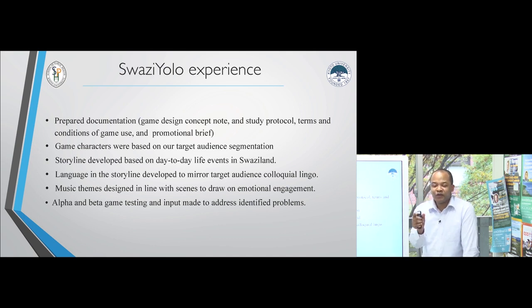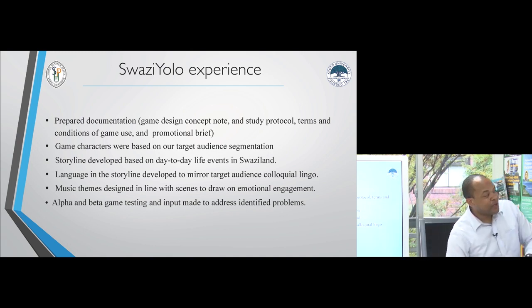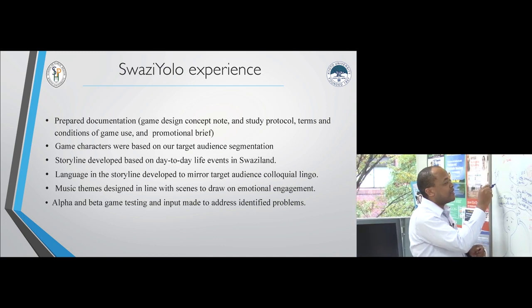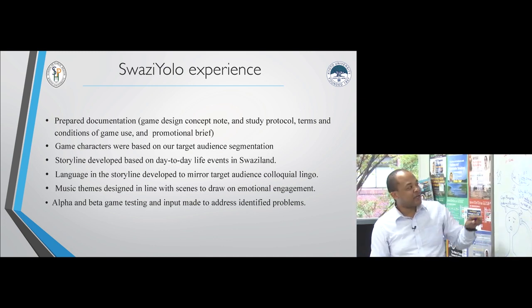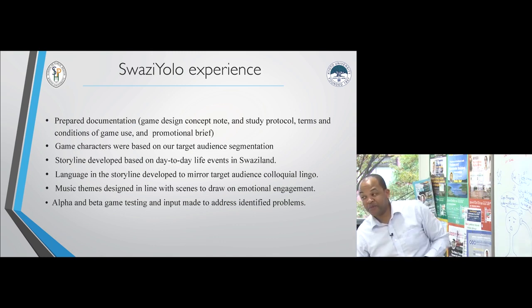For example, we use a lot of short language. In the game, we write "to" like this, right? But everyone else in our target audience writes it like this when they're typing or when they're on social media.